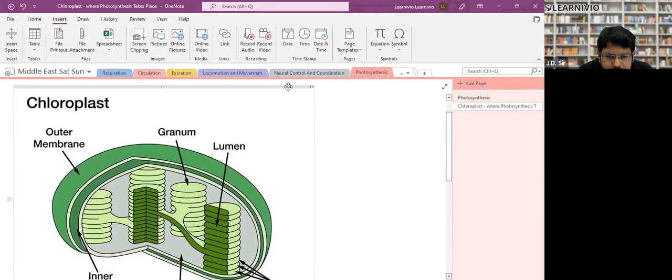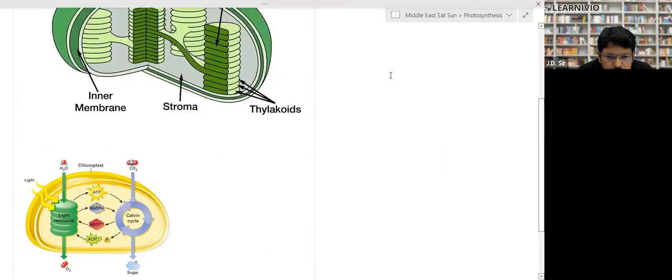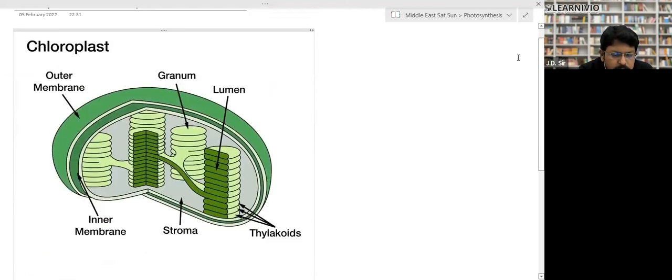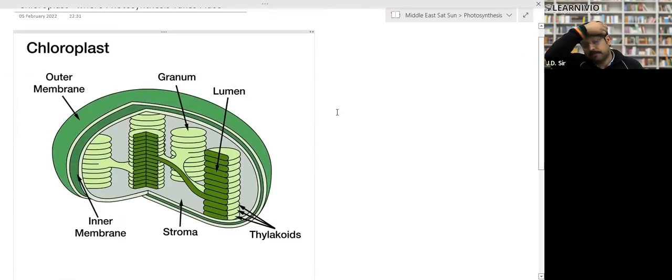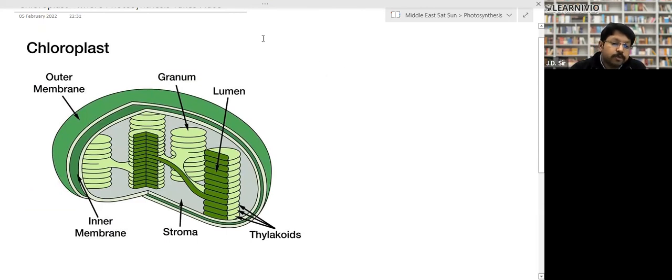Look, actually, the green leaves are the site of photosynthesis, and inside the green leaves there are certain kinds of cells. We call them mesophyll cells.